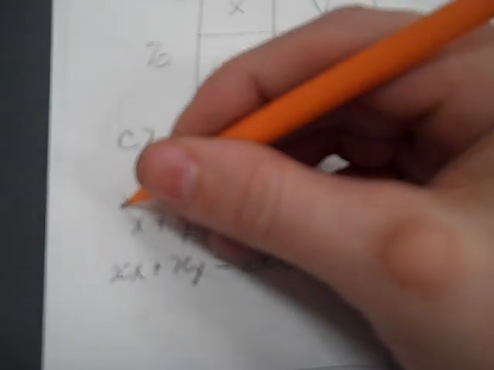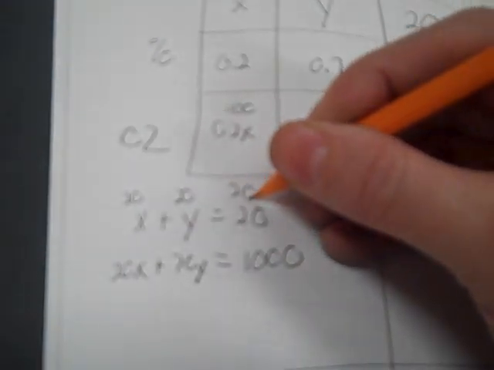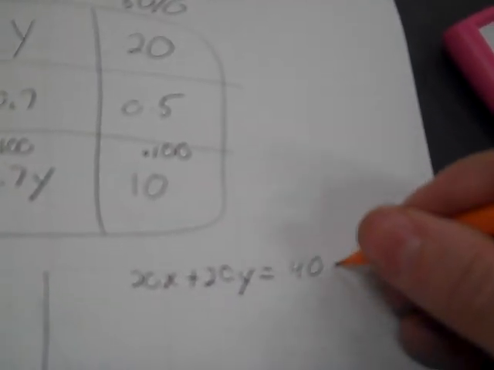And then we'll be multiplying up here by 20 and here by 1. So that gives me 20X plus 20Y equals 400. 20X plus 70Y equals 1,000.